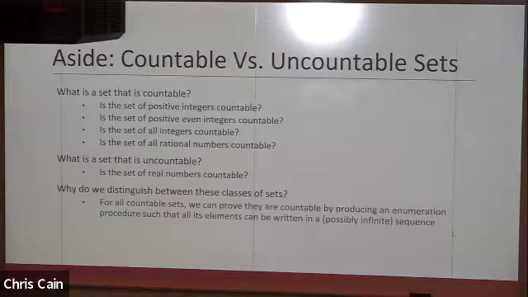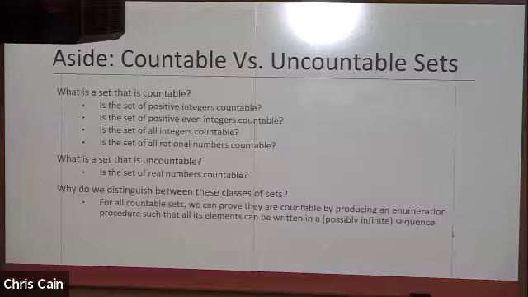As I've shown, for any countable set, we can prove that it's countable by producing an enumeration procedure, giving us, very much like induction, a starting point and a process to generate the next one, or just a function that converts an index, the set of all positive integers that we know is countable, and maps that onto the query set.